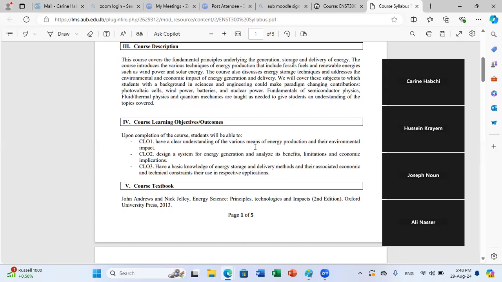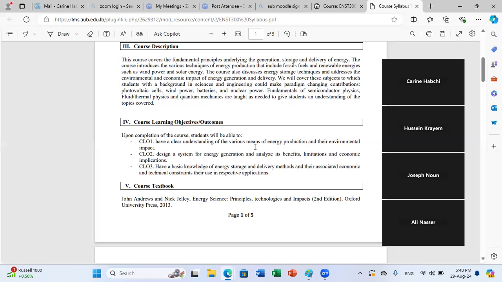We'll learn how to design a system for energy generation and how to analyze its benefits, limitations, and economic implications. The project will be like an implementation of everything we learned in the course. It will be part of the learning process, because your projects will be related to the course material and will be a direct application of what we learned.